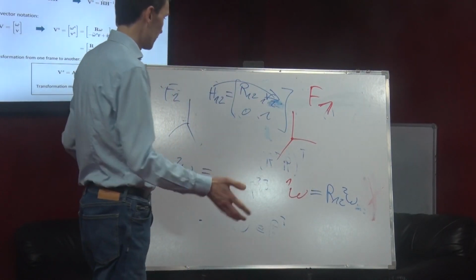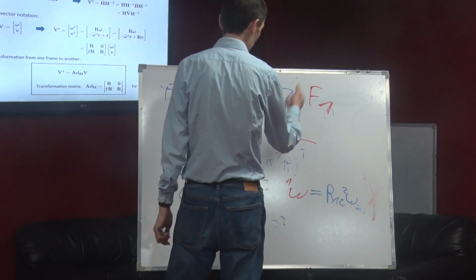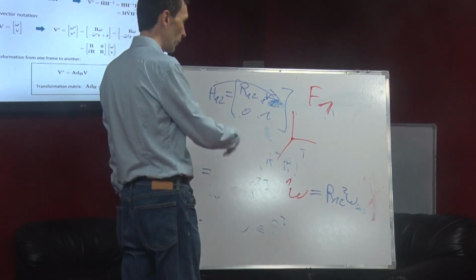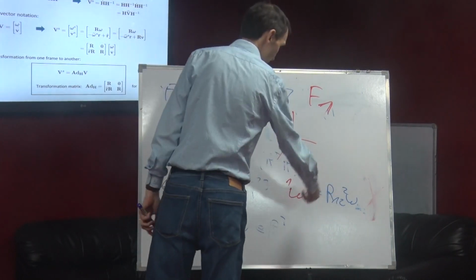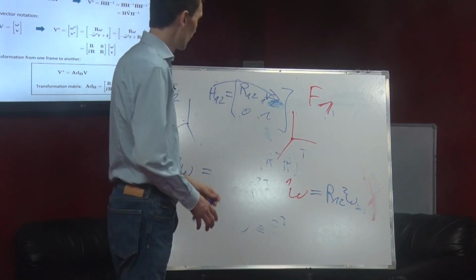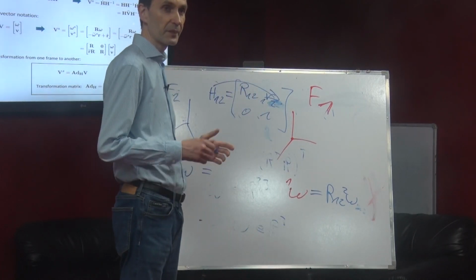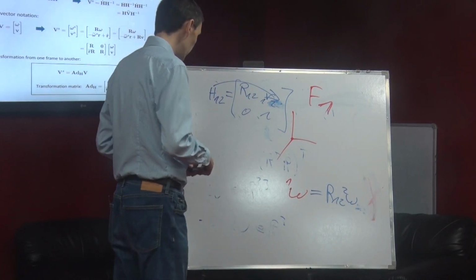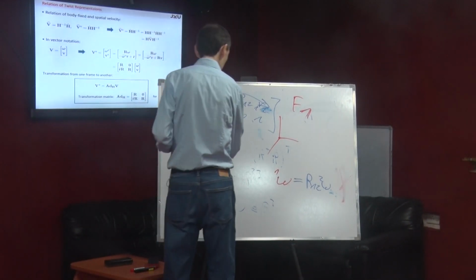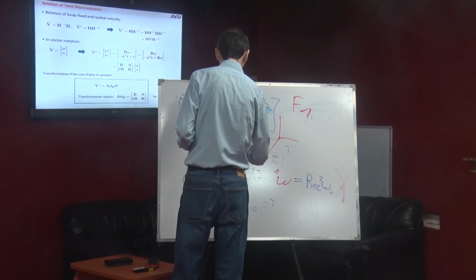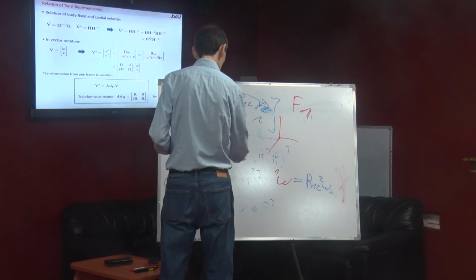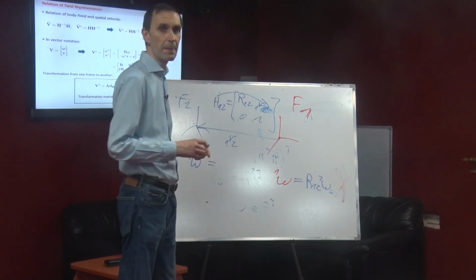Okay, this is not much. What I'm saying is just we have one vector that's invariant from the point, so you just have to transform the coordinates, that's it. What about the linear velocity? That's the most important point. The linear velocity, when we have a vector, because this is the vector R1,2.